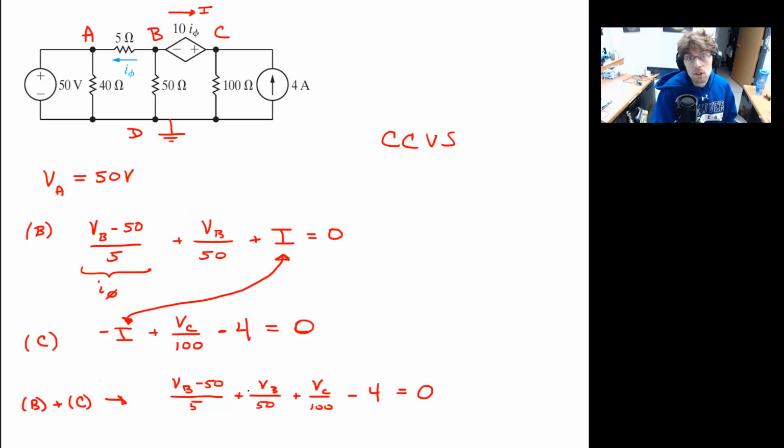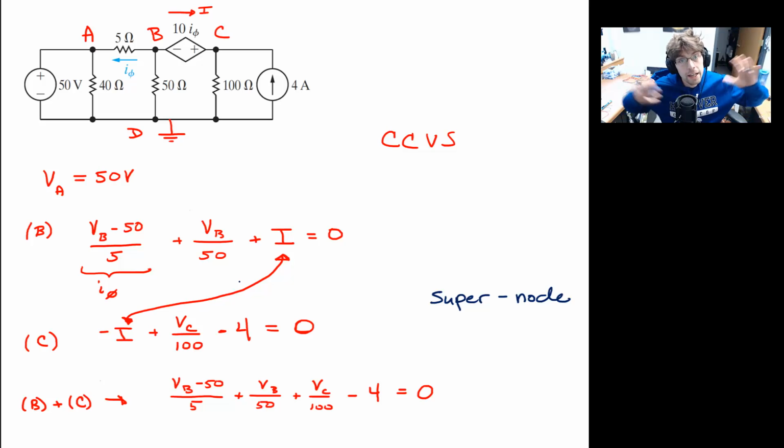That's a special situation that the book, and pretty much any book, will refer to as a supernode. It's a very particular circumstance where you can take two nodes on your figure in your circuit and combine them together. Treat them as a single node.